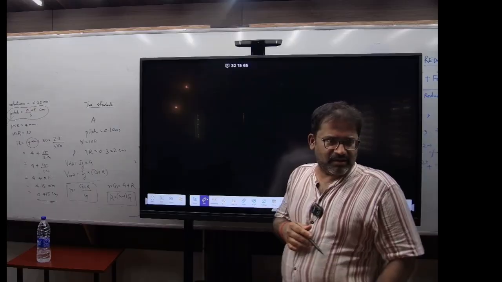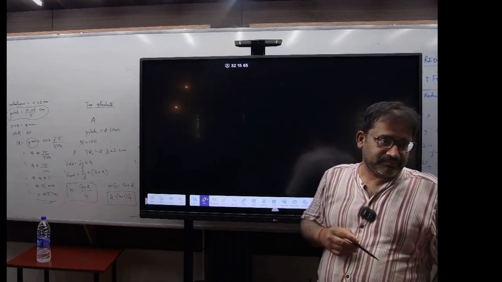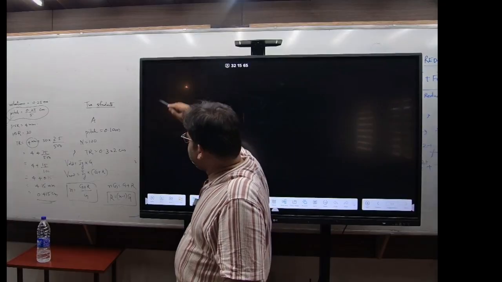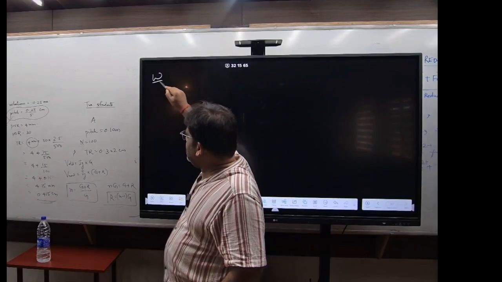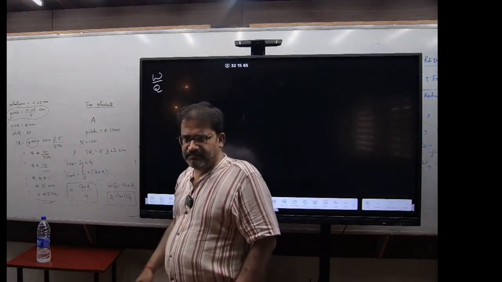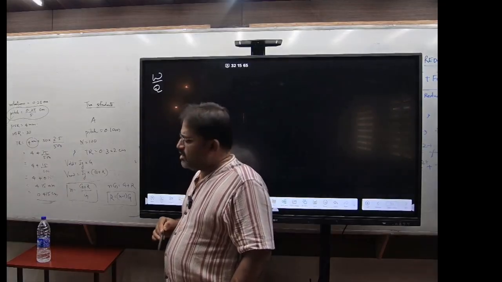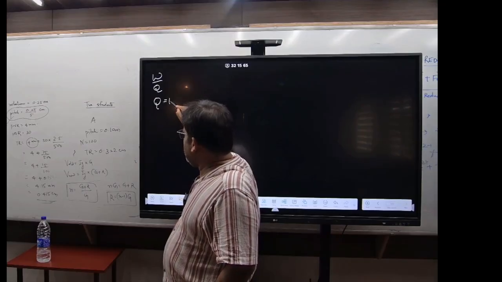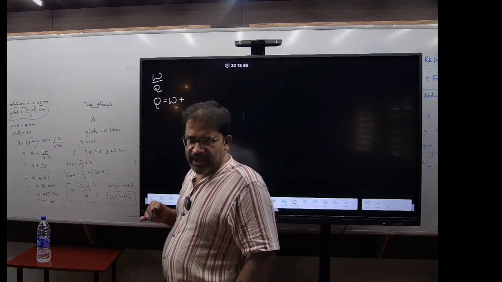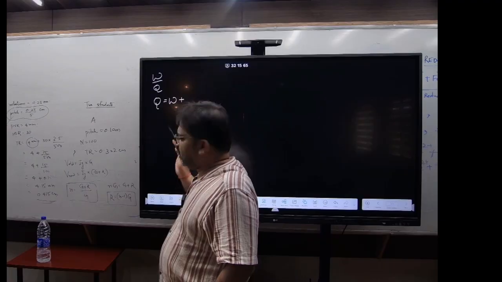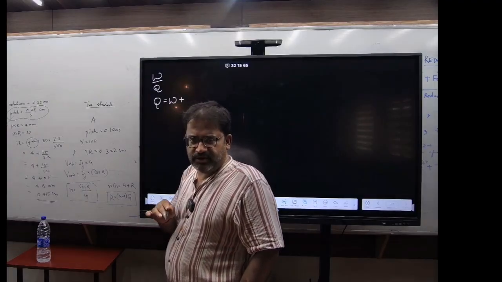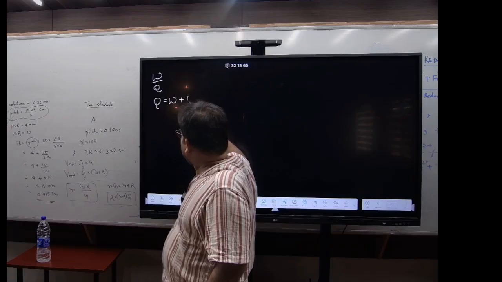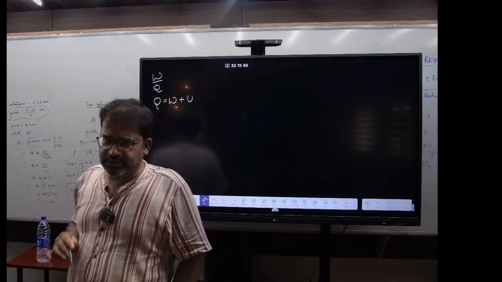So what do we have to find out? Fraction of heat energy. That means the fraction of heat energy will be work done divided by heat energy given. Now remember the first law of thermodynamics: the total energy absorbed or given to any gaseous substance is utilized in two parts. One is doing the external work and the second is for change in internal energy.